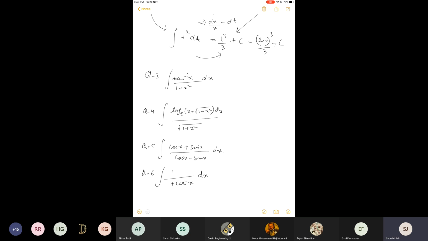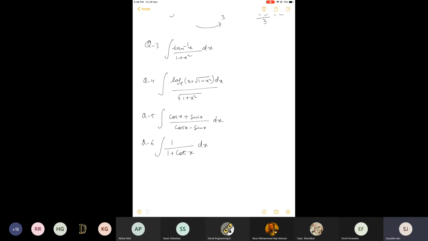Yes, what about the first question? Third one. Can anyone tell what will be the substitution? So tan inverse x is equal to t. Yes, good. Put tan inverse x equal to t.